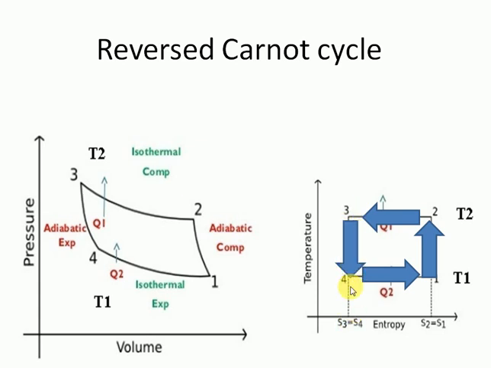So this is the 3 to 4 expansion process, and 4 to 1 is the evaporation process, in which the heat is taken out from the refrigerated space and supplied to the refrigerant flowing through the cycle.